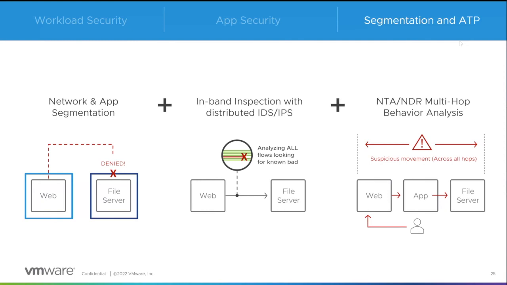We find that upwards of 77% of the time, ransomware uses legitimate channels like RDP and SMB. So it's important to inspect all of the flows, not just those that you suspect are potentially bad. And thirdly, it's important to do this on a per-hop basis, not just looking at communication between two specific resources.